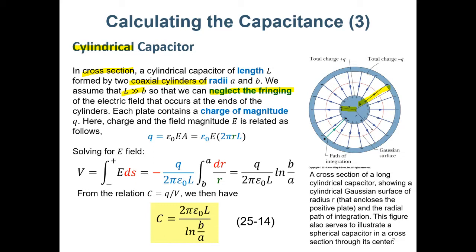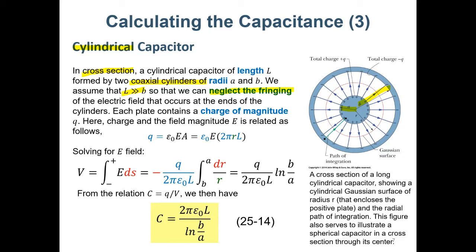The cylindrical structure is uniform, and you can assume that all of the field is in the radial direction, from the center to the edge. All the E field lines are somehow like this, because this is positive and this is negative.